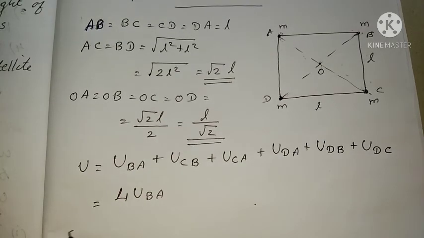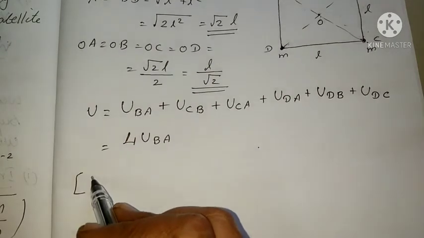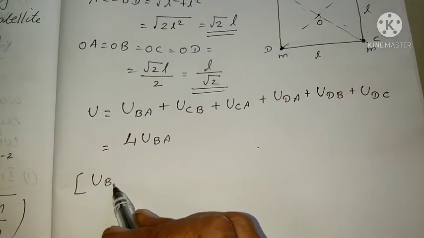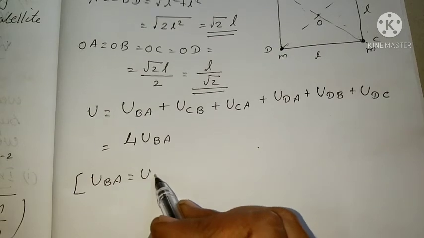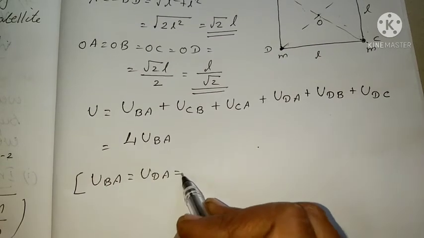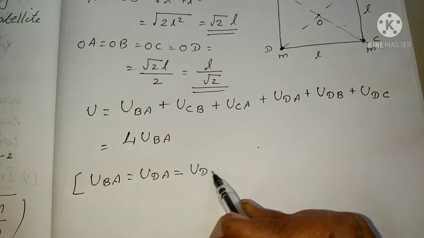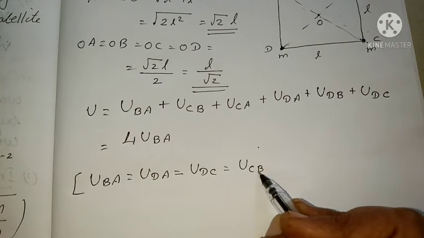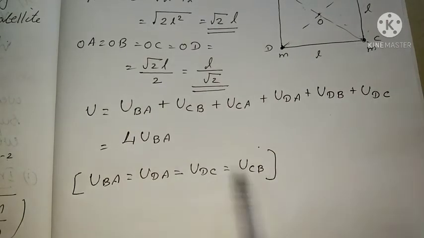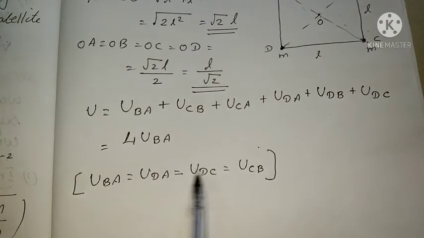Why? Because UBA is equal to UDA, equal to UDC, equal to UCB. Because of this reason, we can write 1, 2, 3, 4.